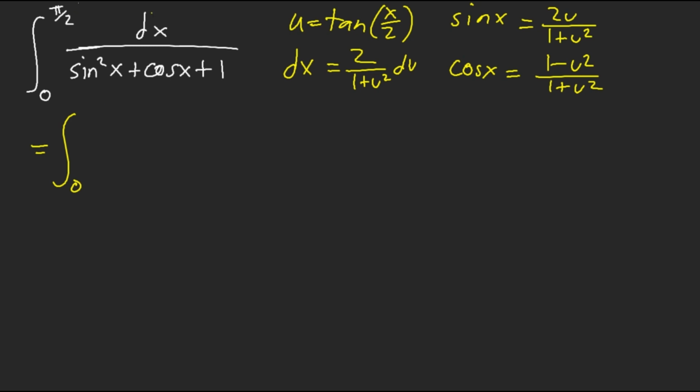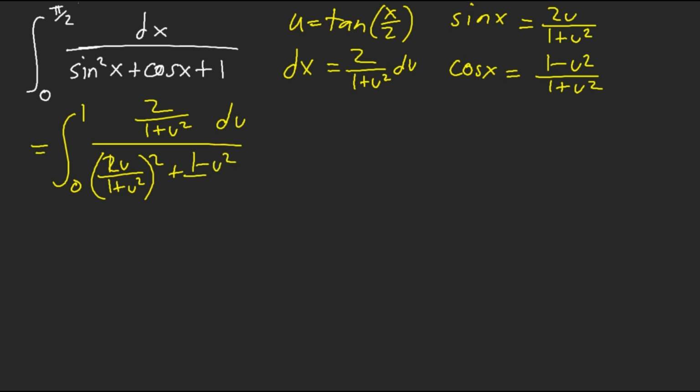This is pi over 2. Tangent pi over 4 is 1. So we have 2 over 1 plus u squared du. We have 2u over 1 plus u squared, squared. 1 minus u squared over 1 plus u squared, and plus 1. If we simplify this, because we have 1 plus u squared squared, we're going to multiply top and bottom by 1 plus u squared squared.